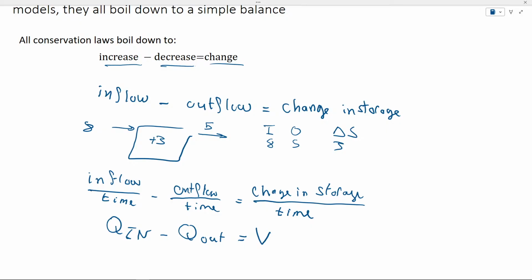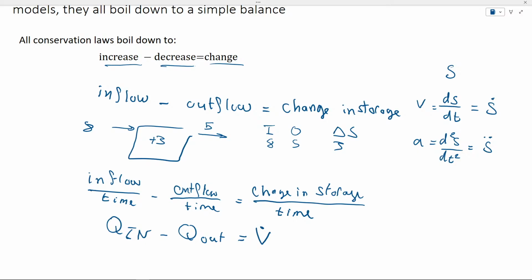Remember this dot notation we talked about before. I think when we did some lessons in calculus, I told you S, for example, is distance. ds over dt would be velocity, which you can also express as S dot. d squared S over dt squared is acceleration, which you can also express as S double dot.